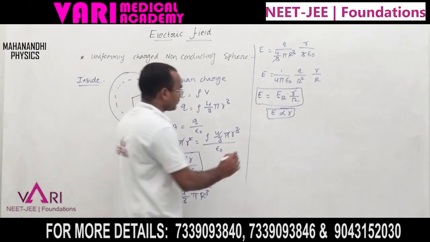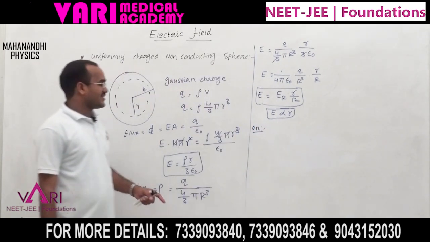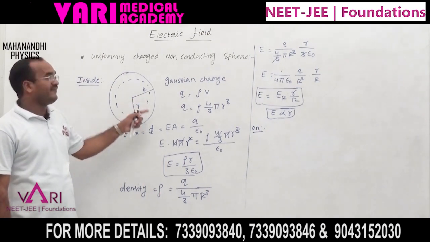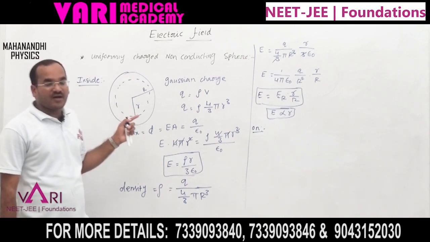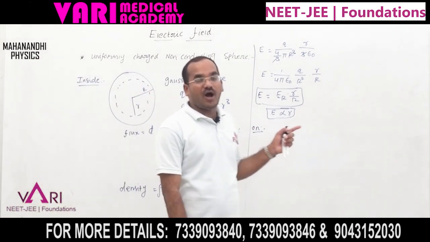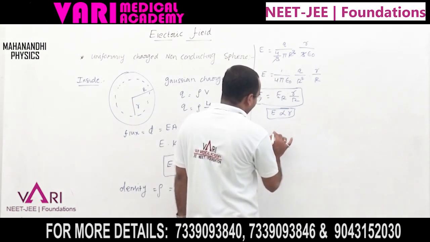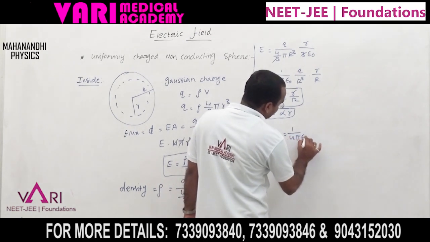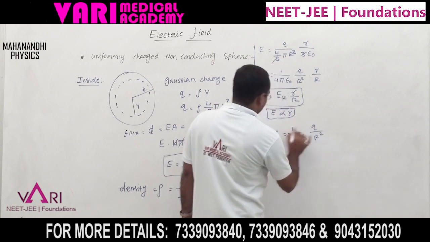Now on the surface and outside. The conducting sphere and non-conducting sphere have the same electric field on the surface and outside. On the surface, E equals 1 by 4 pi epsilon naught Q by capital R square.